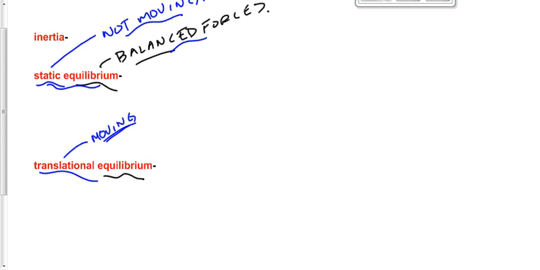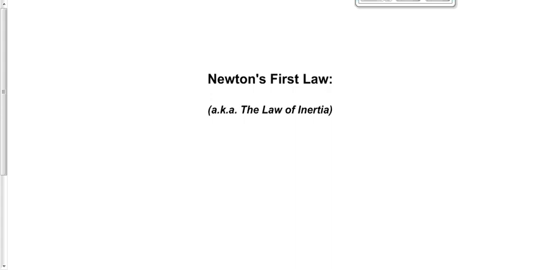Right? Static equilibrium, translational equilibrium, which lead us to Newton's first law, also known as the law of inertia. Newton's first law basically puts what we've just been talking about together for us. And it has two aspects, the law of inertia does. The first aspect talks about the object that's at rest. It says, an object at rest, what happens to it?